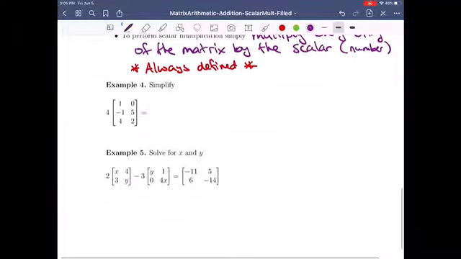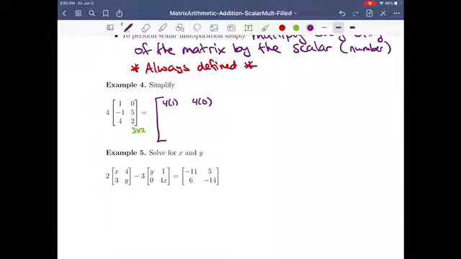So here I have an example. I want to do 4 times this matrix that is a 3 by 2 matrix. What I'm going to do is I'm also going to get a 3 by 2 matrix, and I'm just going to times every entry by the 4. So you put the 4 into every single entry.